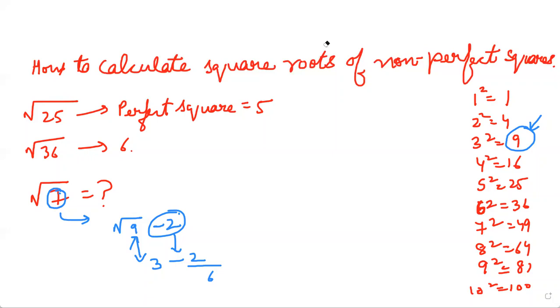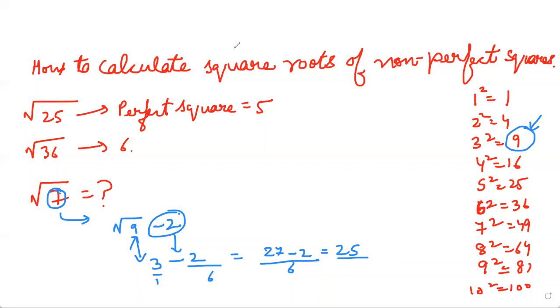How can you calculate LCM? Let's see. 6 is the LCM. 18, 27. Okay. So you will write here 27 minus 2. That is 25 upon 6. Just wait a second.